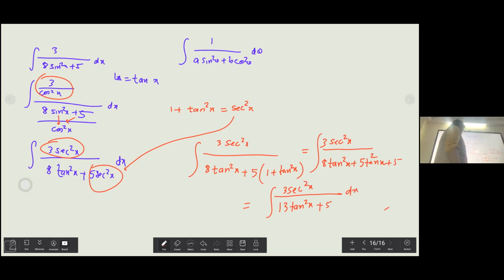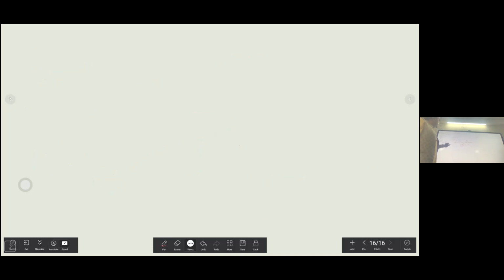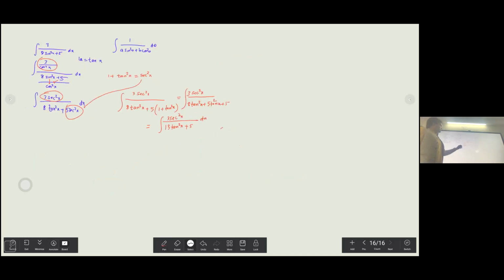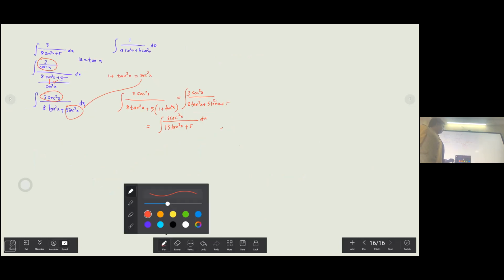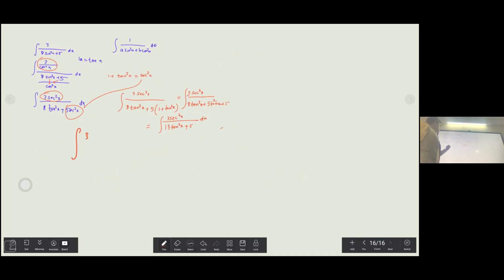Now, when you're integrating this, let's say this step where it is 3 sec square x upon 13 tan square x plus 5. Now I'll take, let u be tan x. So du by dx is going to be sec squared x. So in place of dx, I'm going to put du upon sec squared x.